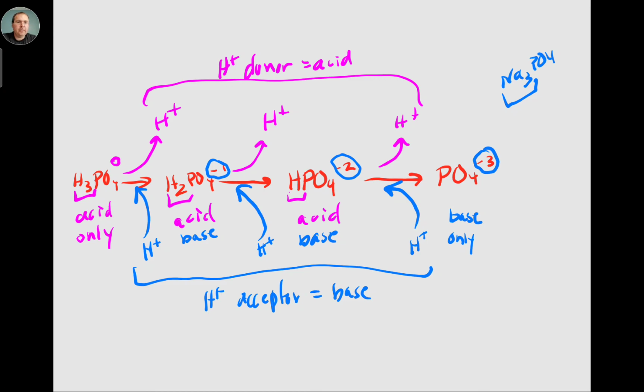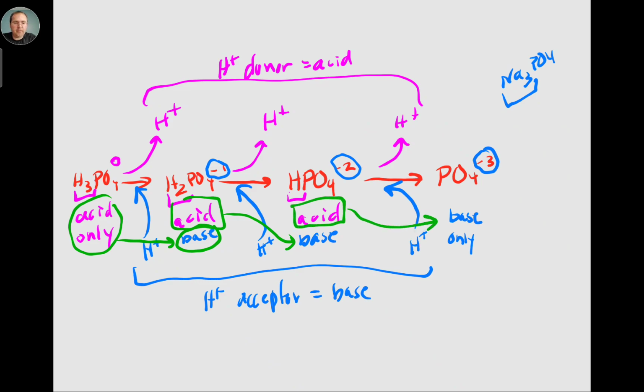You can also imagine that with acids and bases, conjugate acids, conjugate bases, if you're an acid only, then as you move over, this would be your conjugate base. If you're an acid already, you can move over and be a conjugate base.